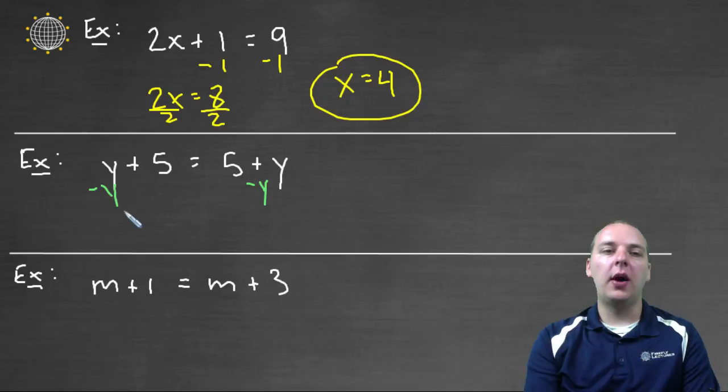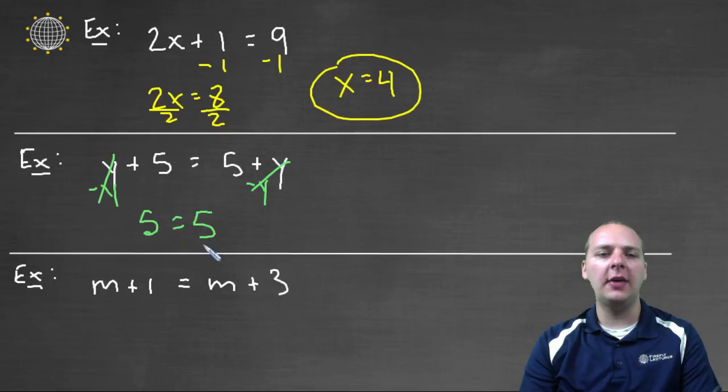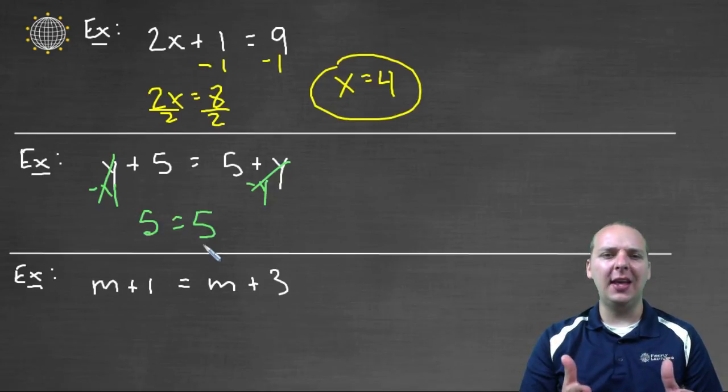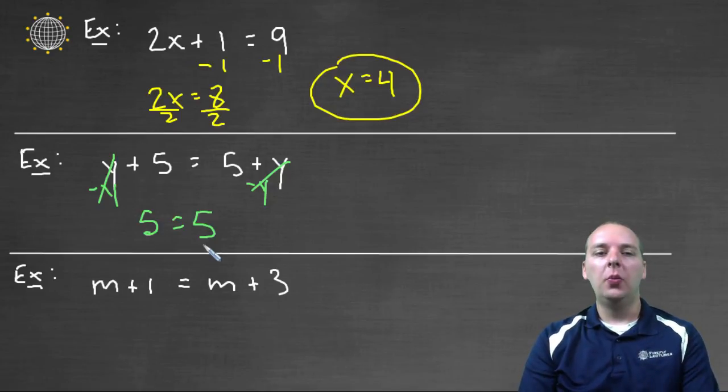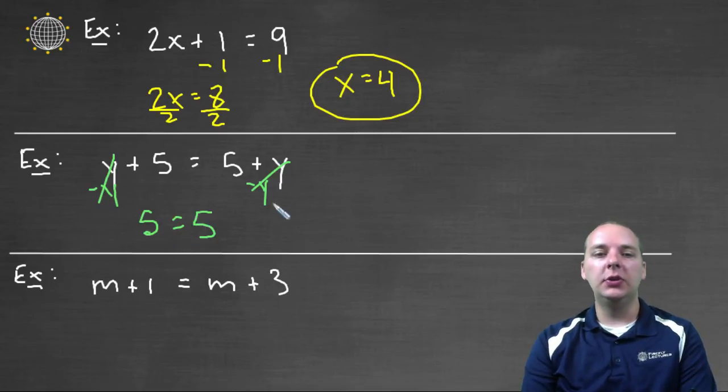And when we subtract y also from the left, the y's just disappear and we get 5 equals 5, and there's no more variables at all. This is where a student scratches their head and says, did I make a mistake? What just happened here? Well, you should realize that this statement is always true. 5 is always equal to 5 regardless of what y is. And so what you've just stumbled across is called an identity.